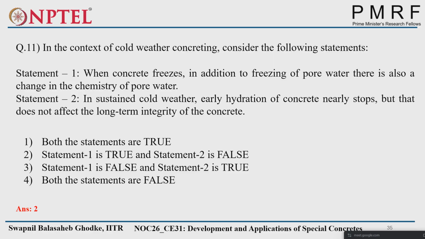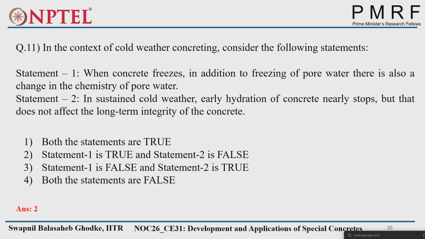Correct. First is true, and the second one is wrong. Why? We already saw the first statement. When concrete freezes, it will not only affect the long-term stability of the concrete, it will also affect the pore water, which freezes and changes its chemistry. And in the second statement, in sustained cold weather, early hydration of concrete nearly stops, but that does not affect the long-term integrity.